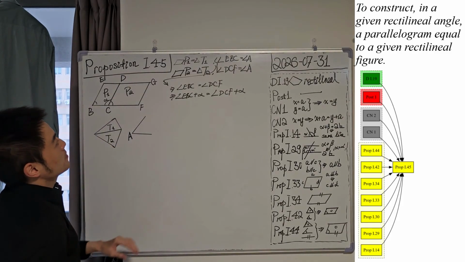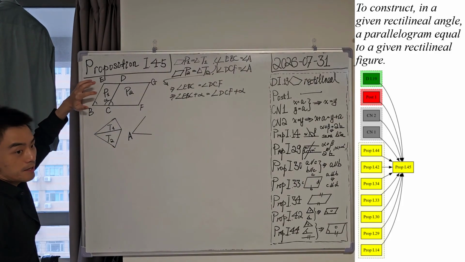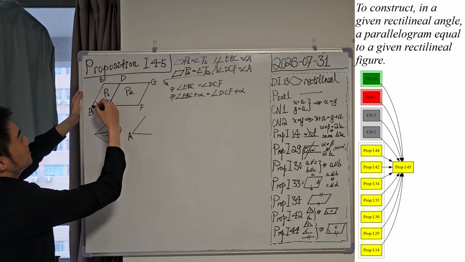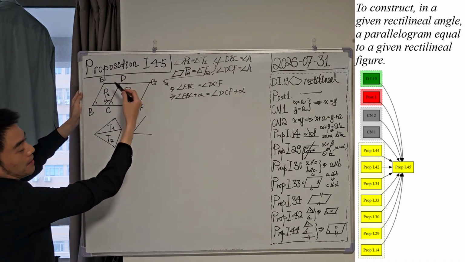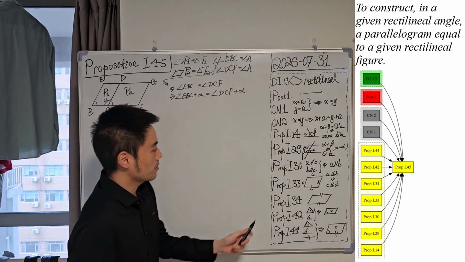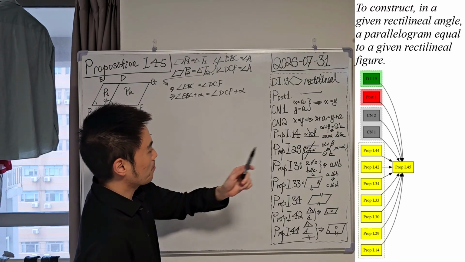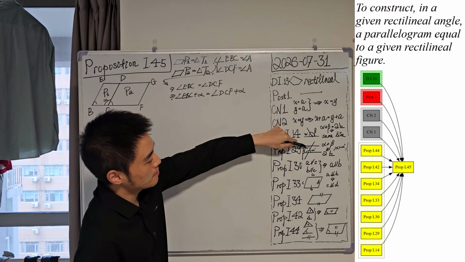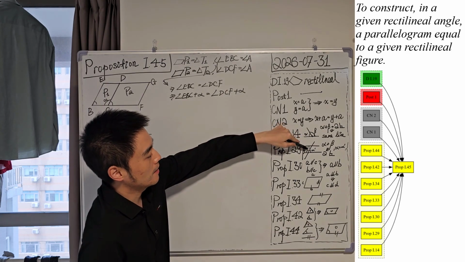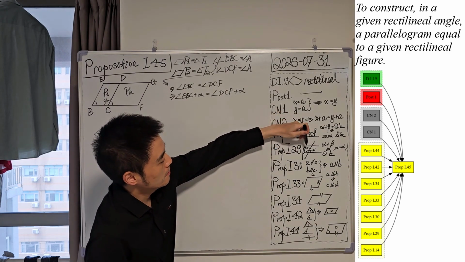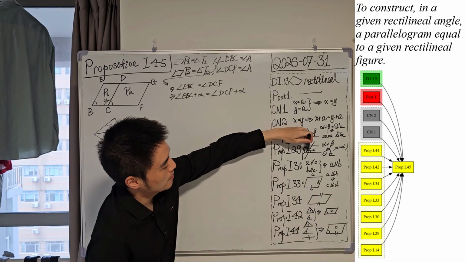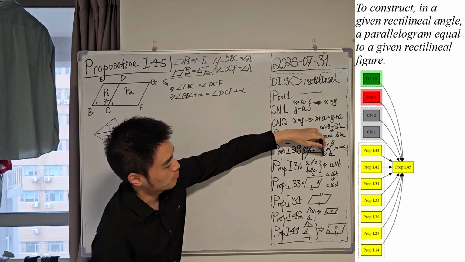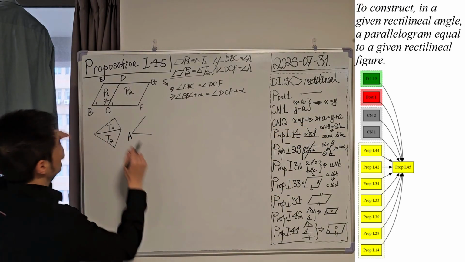And since we know P1 is a parallelogram, BE must be parallel to CD, right? And please recall proposition 29. If two straight lines are parallel and a straight line is cutting them, then the sum of two interior angles will be equal to two right angles, right? So they are parallel.